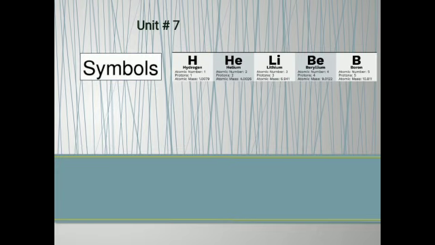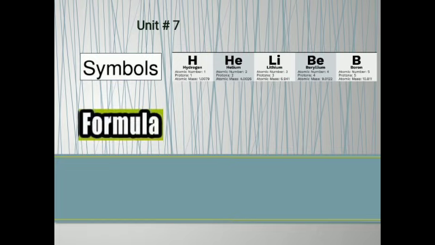So these are the symbols of the elements. And in this chapter you learned about the Latin names of elements. Now the next topic is formula. The chemical formula of an element shows the actual number of atoms in one molecule of the element, such as hydrogen H2, right?